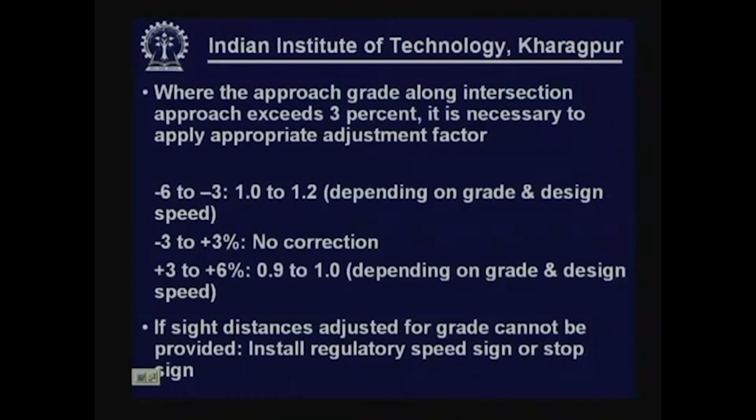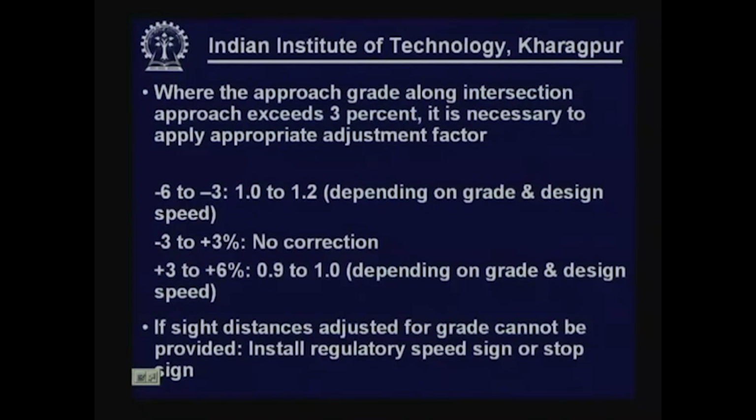Some more considerations, some more points we must understand. Where the approach grade along the intersection approach exceeds 3%, it is necessary to apply an appropriate adjustment factor.